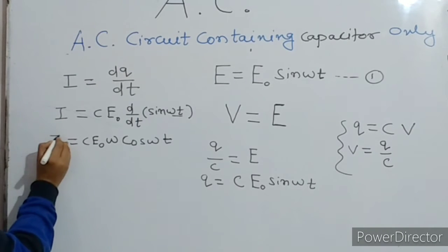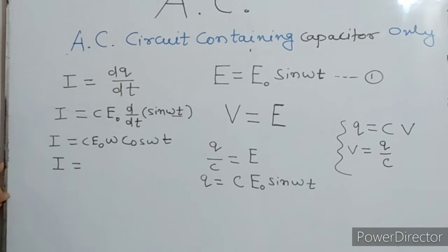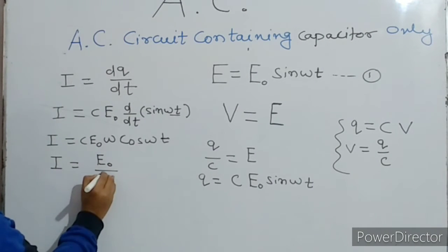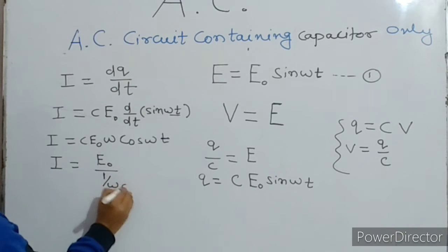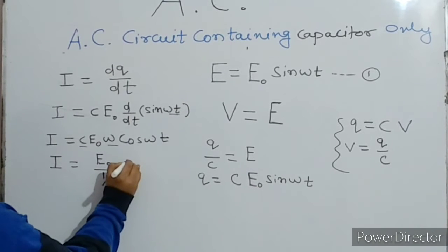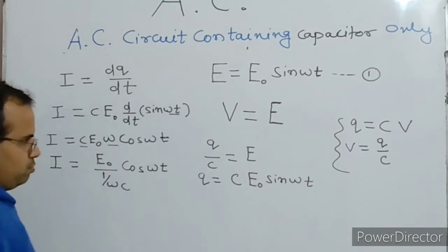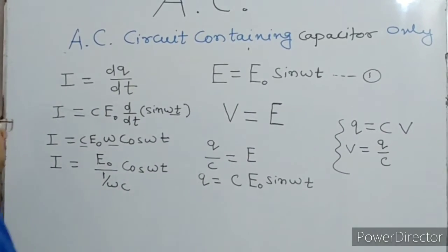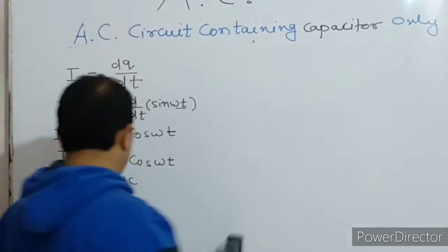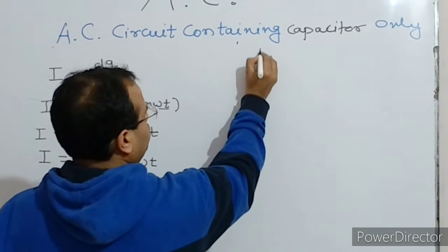Now this is the current, and we can write it as I equals E naught upon 1 upon omega C, cos omega t.